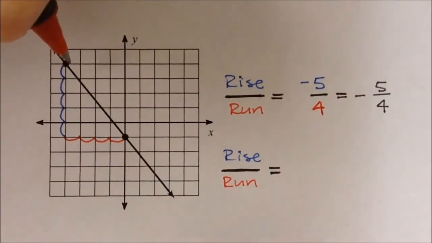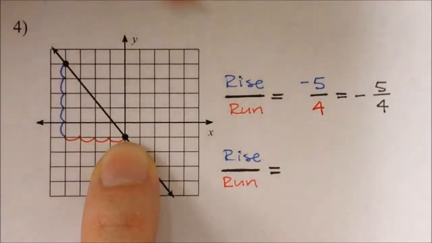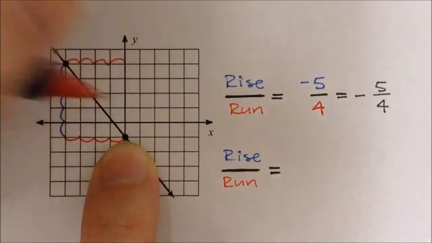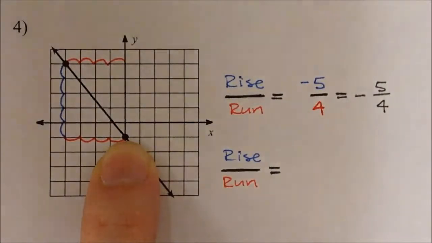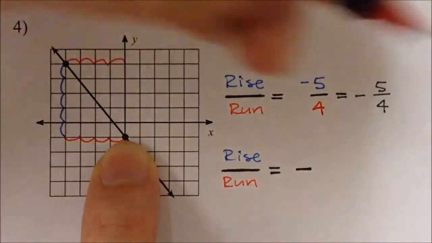Now, following from the second example, say I started with the run first. I'm going to go to the right until I am vertical level with the second point. So 1, 2, 3, 4. So I'm vertical level with my second point. I'm going to put my run first, which is 4.